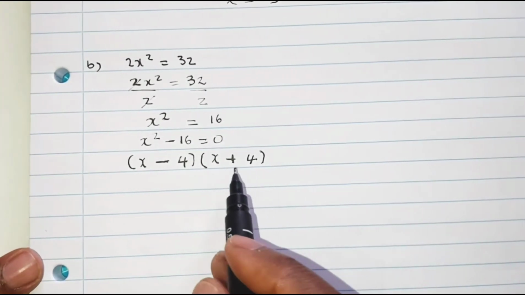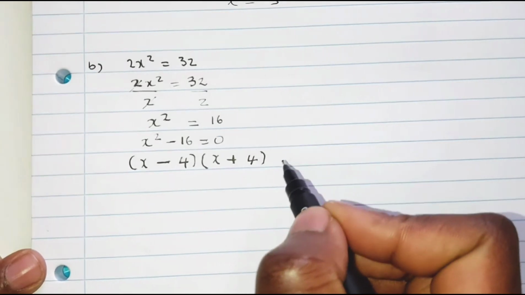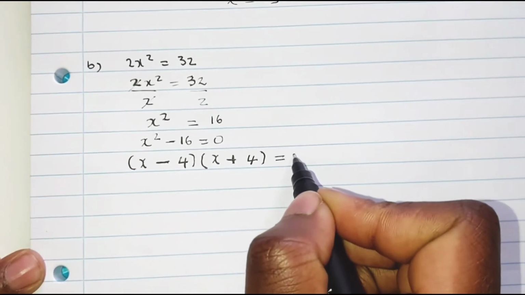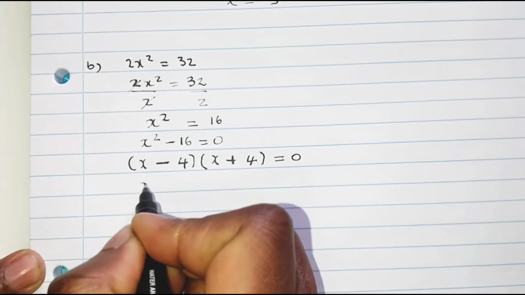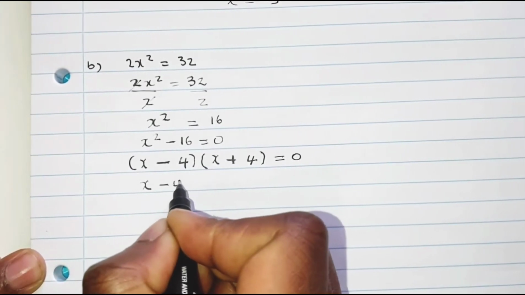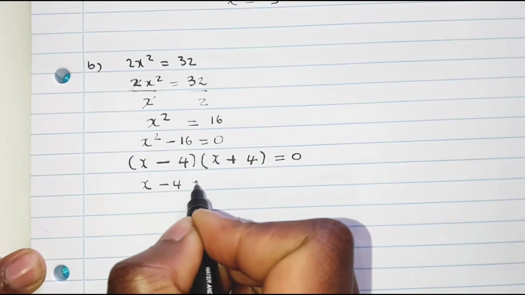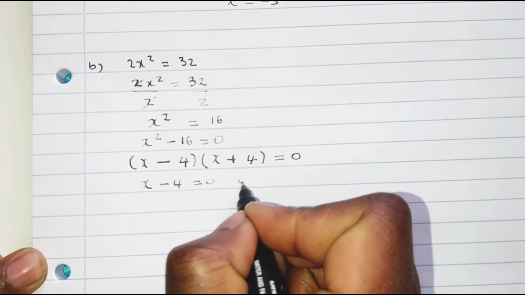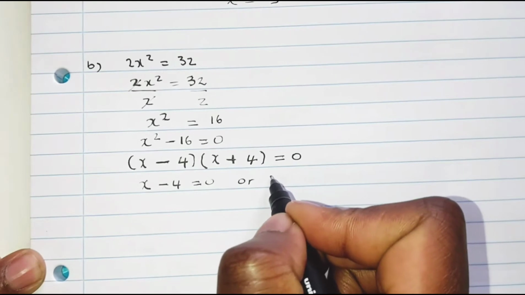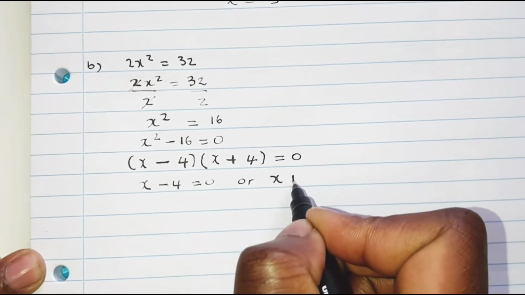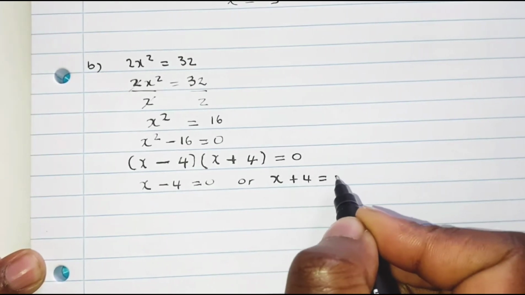Now that we have our two factors, we set them equal to 0. So we know that x minus 4 is equal to 0, or x plus 4 is equal to 0.